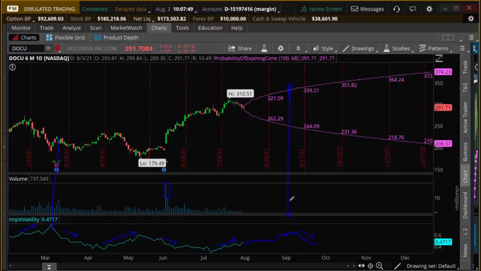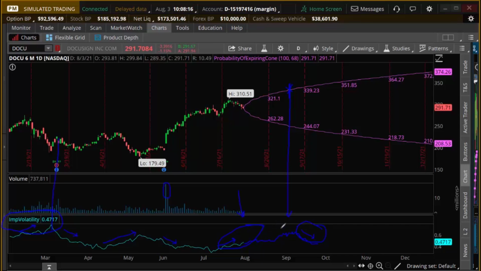Which options are most impacted by changes in implied volatility? The longer term options. So I don't want to experience this. I want to experience this. In a horizontal spread, a calendar spread or a diagonal, I want to be in it while the implied volatility is rising, and then probably bail out.